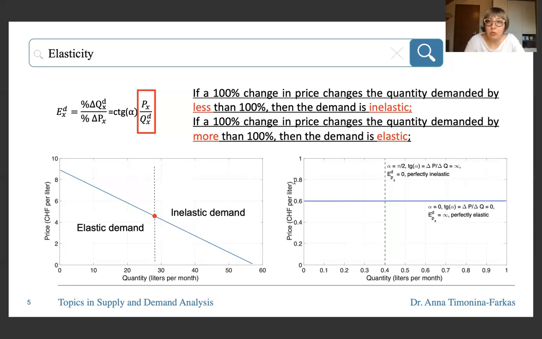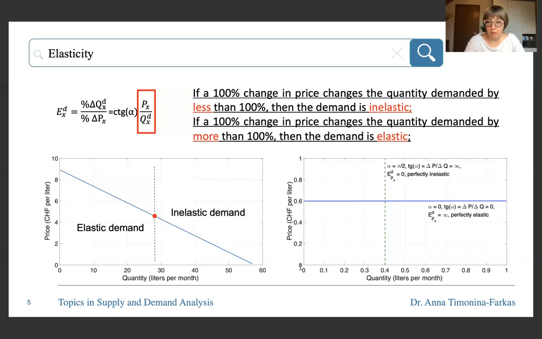Now let us consider two degenerate cases. First case is when our demand line is totally horizontal. In this case, what is important to understand is that the firm can actually sell any quantity, even infinite quantity, but exactly for this price. And as soon as a firm wants to increase the price just a little bit, it will have demand equal to 0.